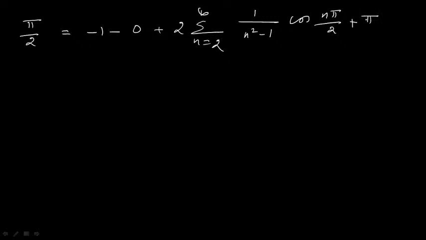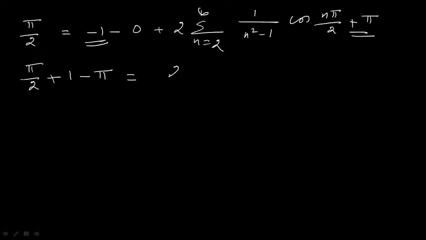What we are going to do next is keep this series on this side and take the remaining terms to the other side. So we have pi by 2; if you take this term to the other side, minus becomes plus, so plus 1. And this pi to the other side means plus pi becomes minus pi.